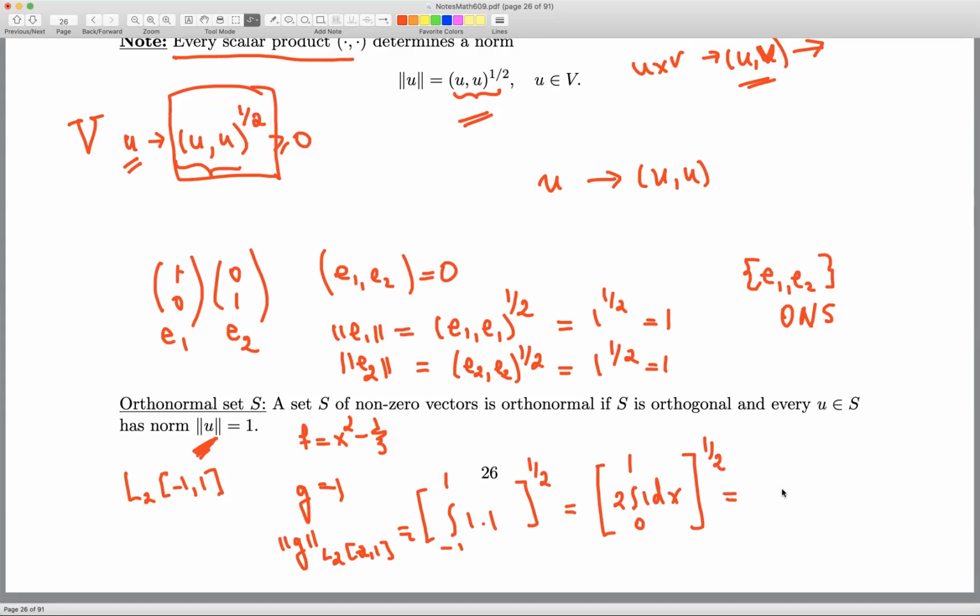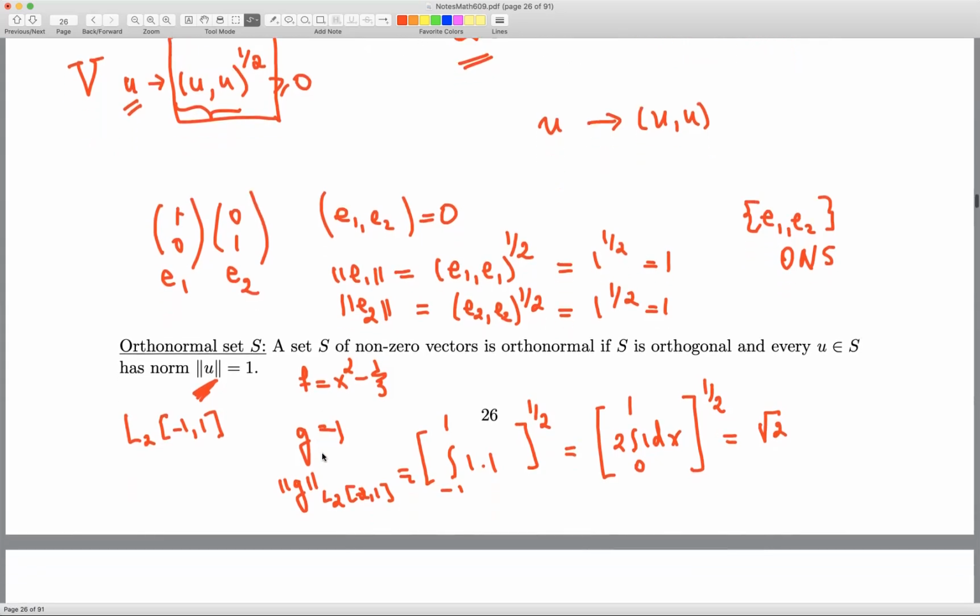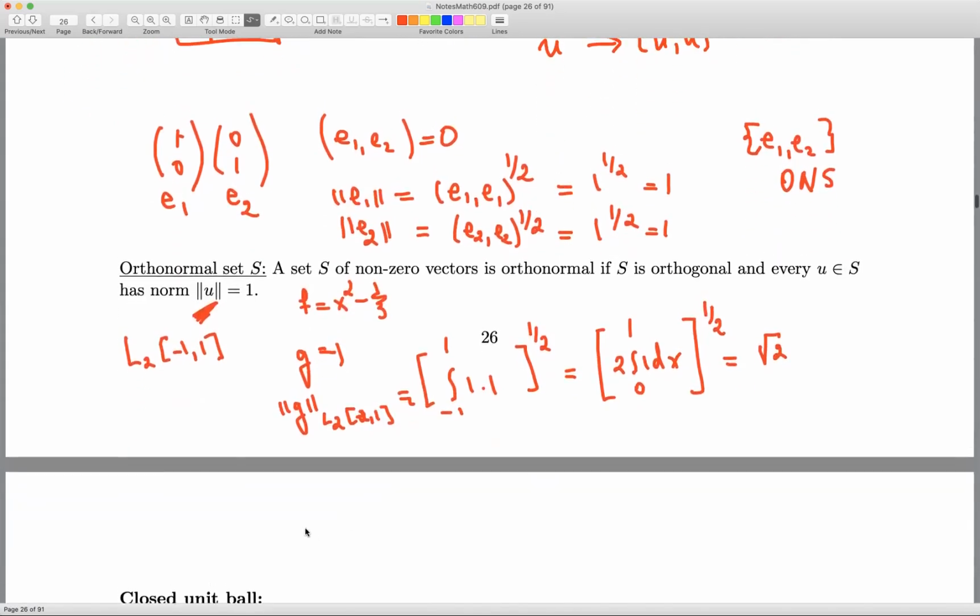Which is twice x between 0 and 1, which is 2. So this is the square root of 2. So the function g is not of norm 1, but we can make it so. The normalized function is g divided by its norm, which is 1 over the square root of 2. And let's see what the norm of the function f will be.